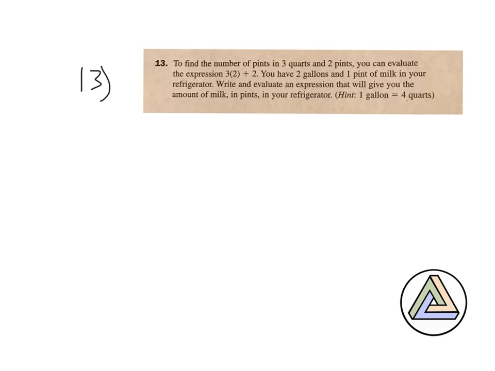To find the number of pints in 3 quarts and 2 pints. So I'm just going to present a visual of the first thing. So what is it? 3 quarts. So there's a quart. We're going to denote quarts as these like weird boxes.